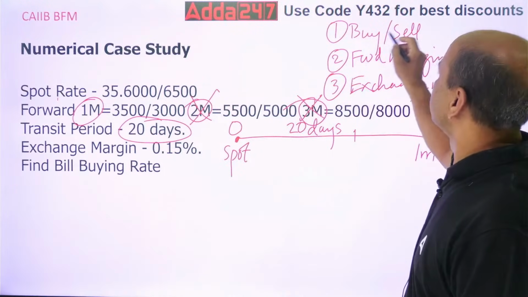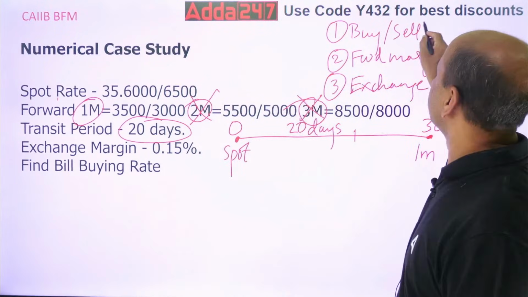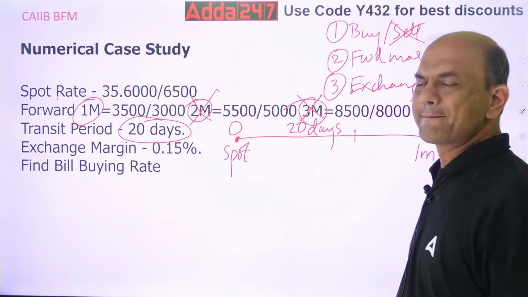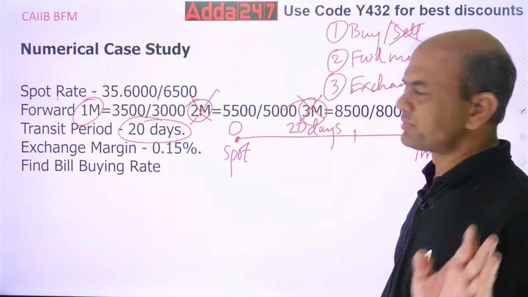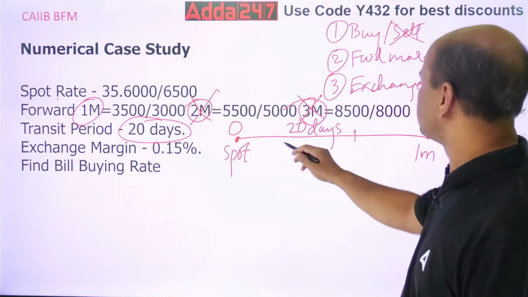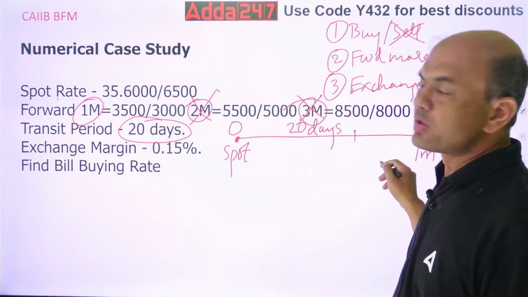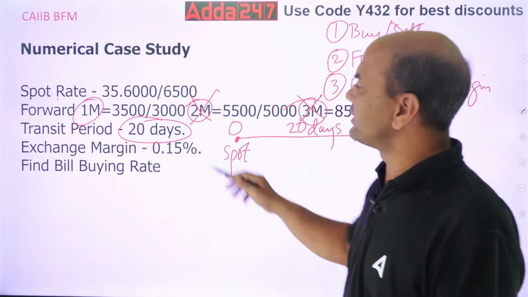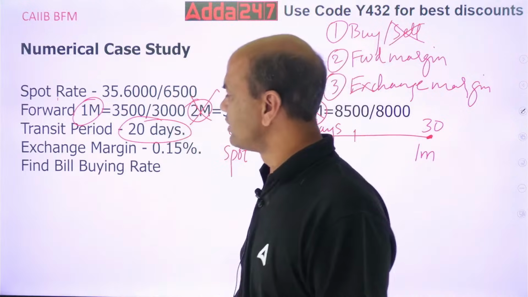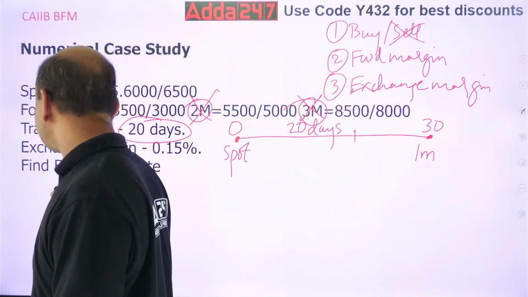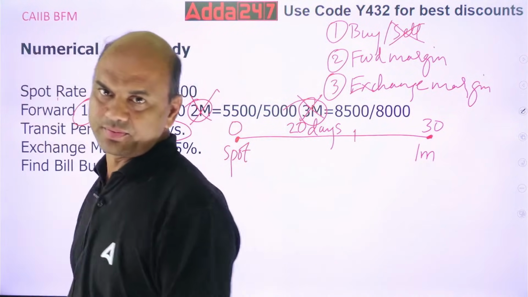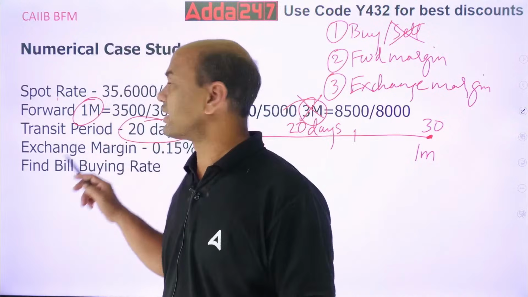Buy or sell. First, it's already given buy. So forget this sell. So, buy clear. Now, forward margin. Forward margin for this, we are doing this. What is the 1 month rate given? 35.30. So what does this mean? Forward, this currency is in premium or discount? 35.30. Right side is lower.